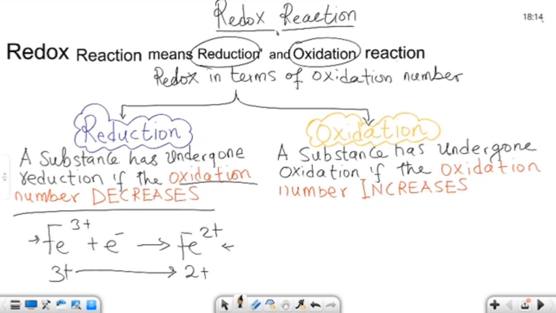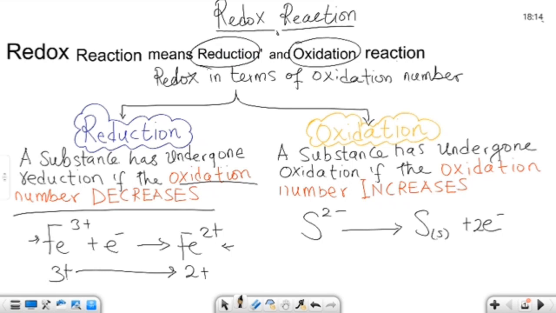Now, for oxidation, a substance has undergone oxidation if the oxidation number increases. So in oxidation, the oxidation number tends to increase. For example, let's say you have S2-, and then it gives you S, solid, plus 2 electrons.